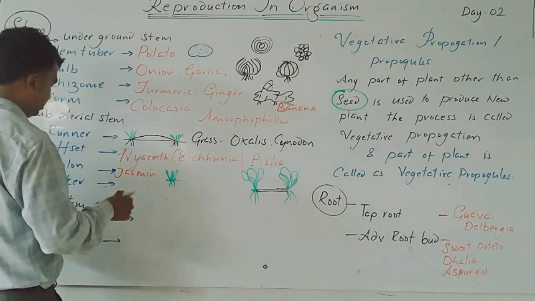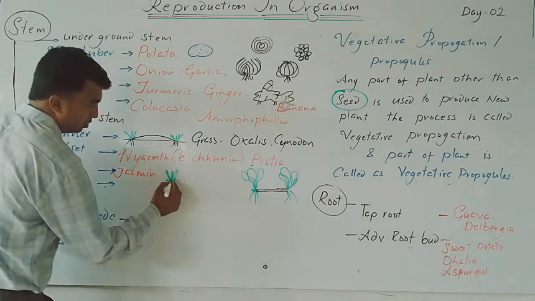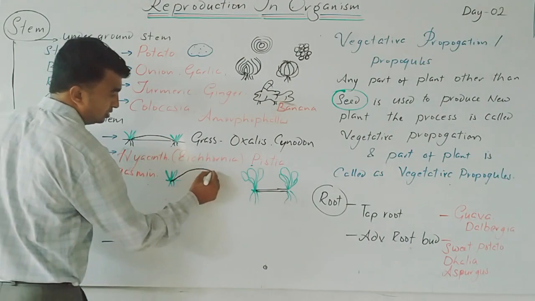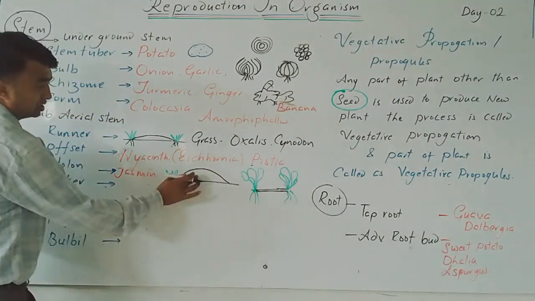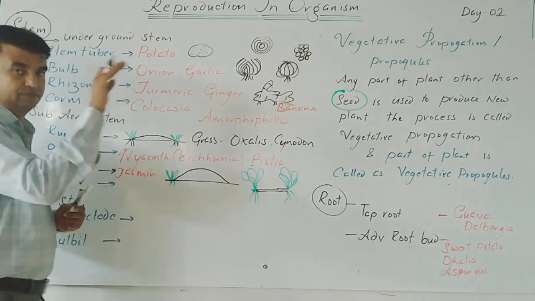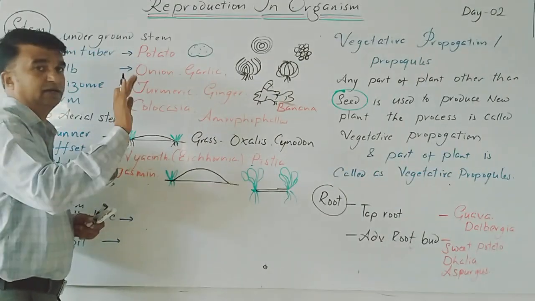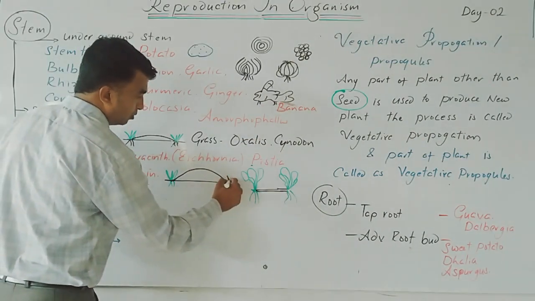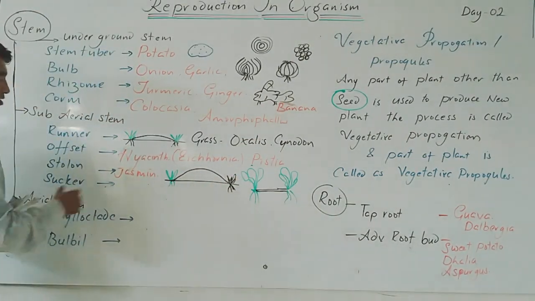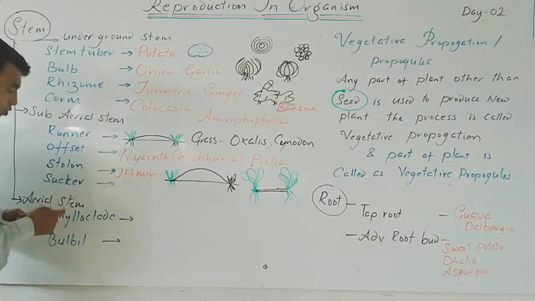Initially this stolon will grow horizontally, and again it will go downward. Clear? The curvature is a little bit more in the stolon. First it will go upward, again downward. Again when it touches the ground, it produces leaves. So jasmine will show the stolon.